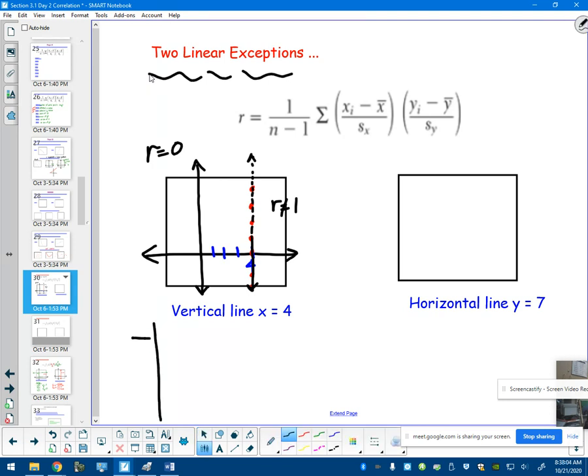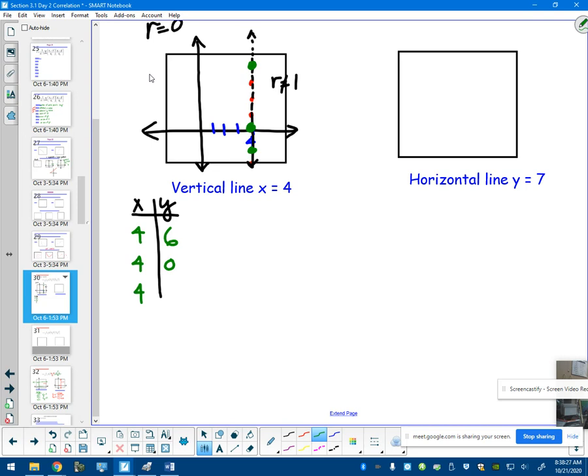I'm going to make a t-chart, x comma y. This point up here would be 4 comma what, perhaps? Over 4 up 6. Let's use up 6. And this point right here is over 4 up 0, and that point down there would be like over 4 down 2, right?